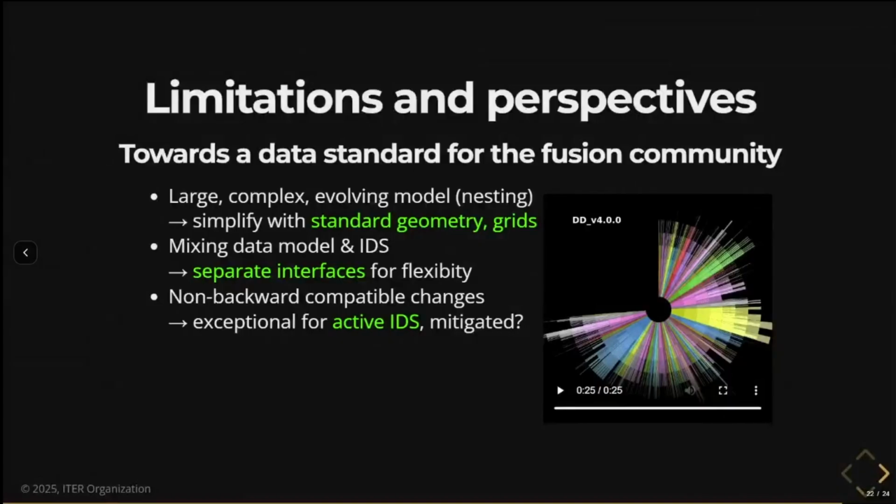That should also help us really reduce the complexity and be more flexible overall. And we want to avoid non-backward compatible changes. These are by design impossible to introduce in an active IDS, except with a major data dictionary update. So we want to get more IDSs in active state.